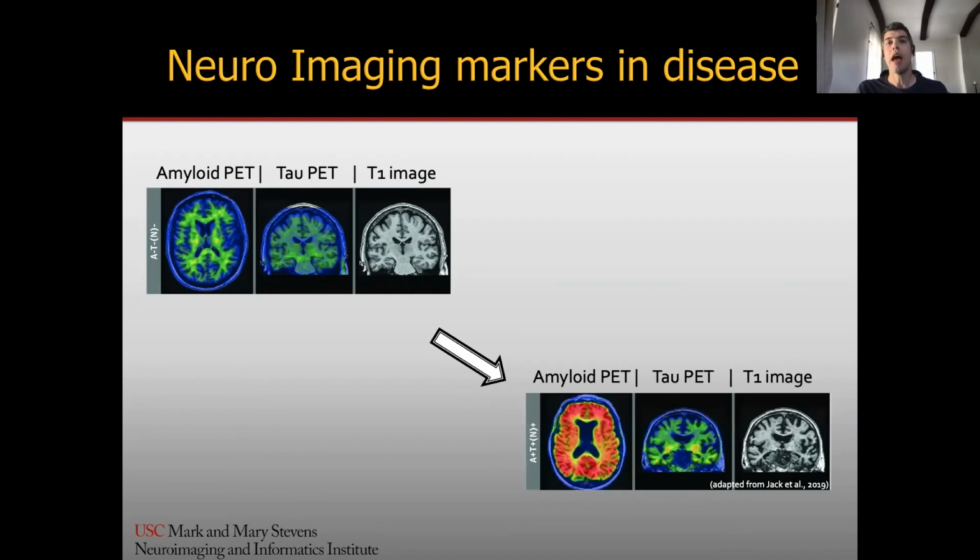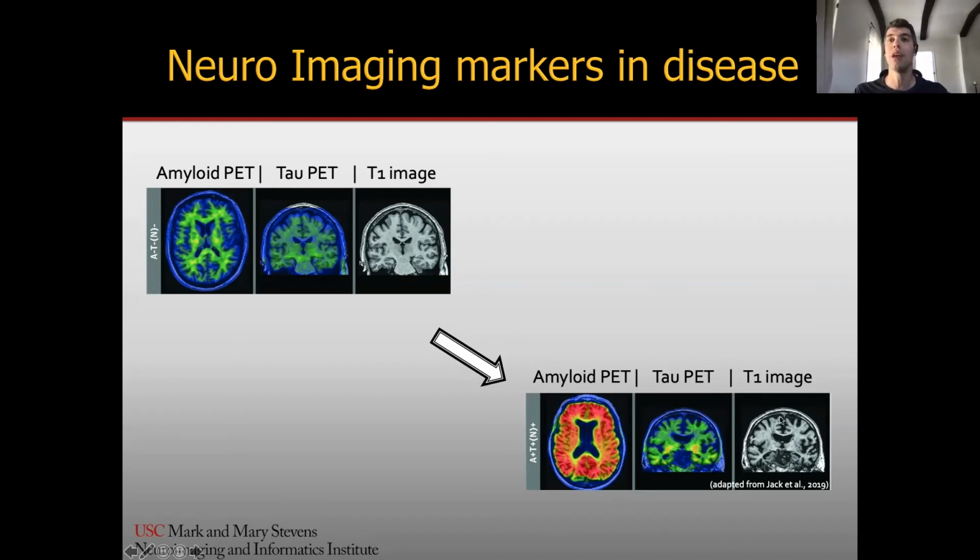And here, on the other end of the spectrum, what we have is a participant with mild cognitive impairment. Again, the same pictures, the same color scale, amyloid, tau PET, and T1 image. And you can see visually the difference in these biomarkers between these two participants, wherein there is increased amyloid and tau binding in the participant here on the right, as well as some neurodegeneration in specific parts of the brain.